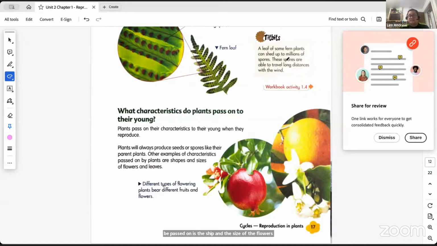All baby plants will share the same shape and size of flowers and leaves as their parent plant. Different types of flowering plants bear different fruits and flowers, but the same species will have the same shape and size of flowers and fruits. This is an example of a characteristic of a plant being passed on to the young.